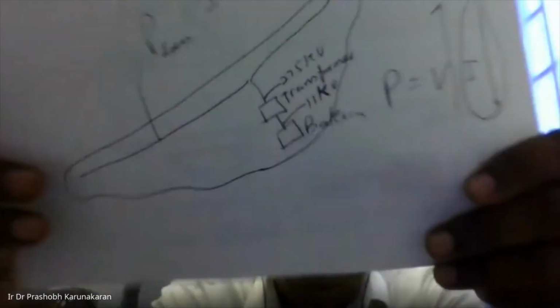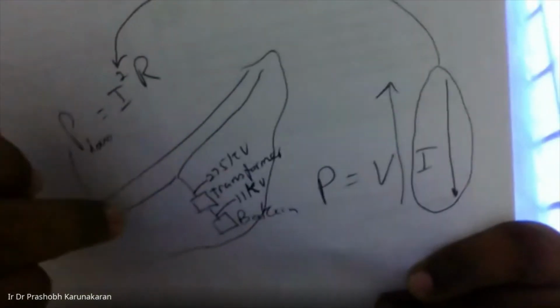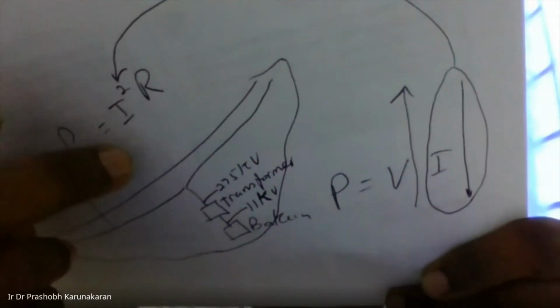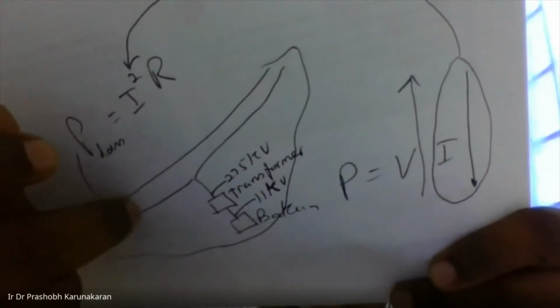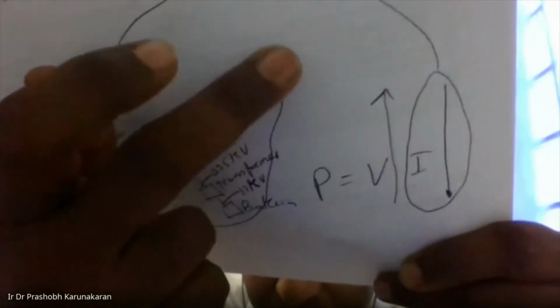So what they do is put the voltage very high, so the current becomes very low. So the main line connecting the whole Sarawak is not so big. The wire is only about this small.